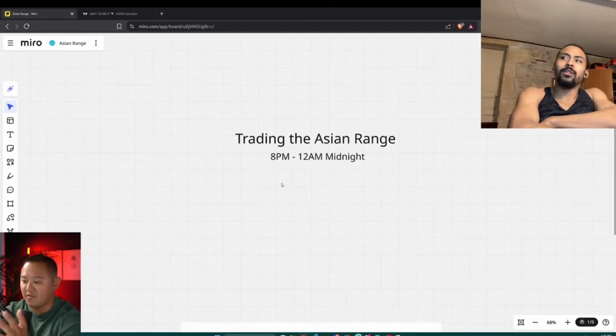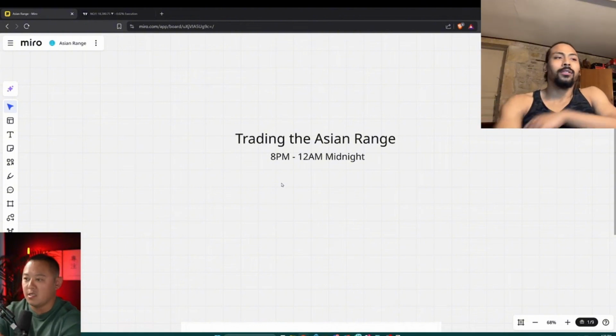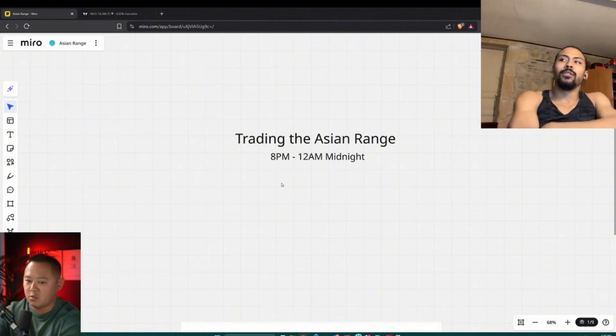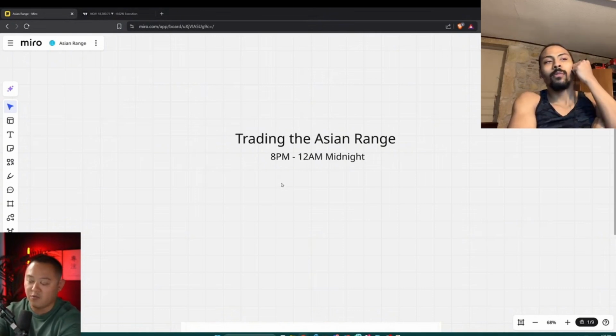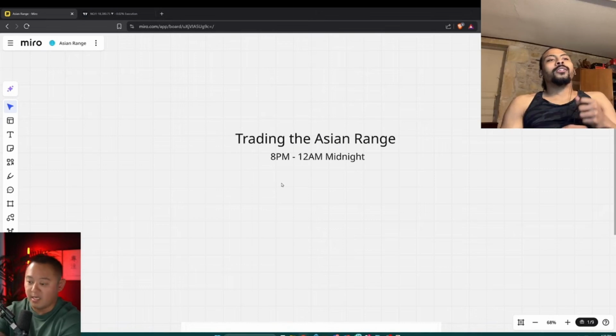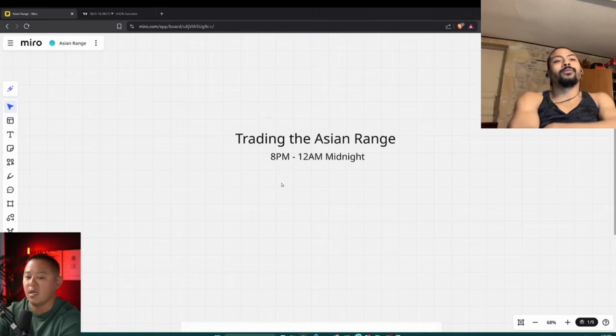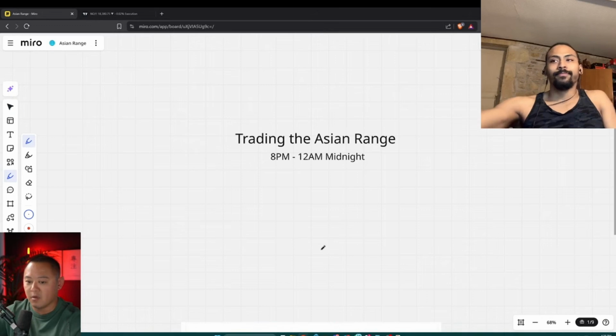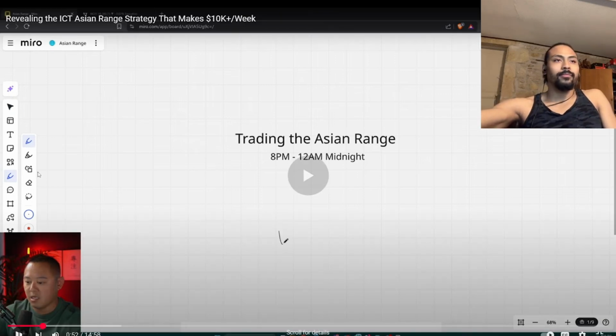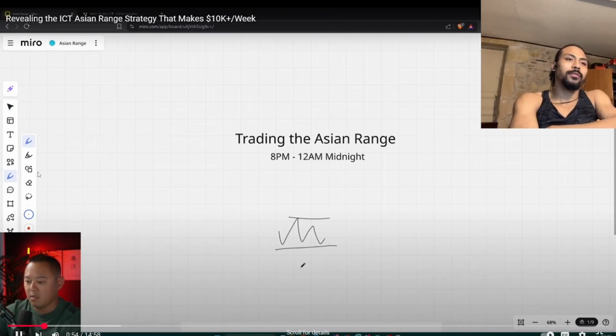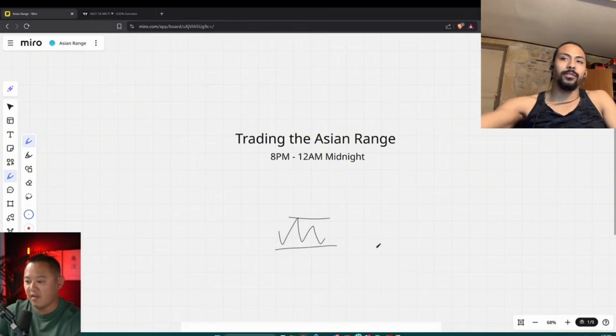Now, this 4-hour window, basically what it tells us is that trading is typically held in a consolidation, and above the Asian range we have buy stops, and below the Asian range we have sell stops. So it's creating a range for us in a consolidation, typically where liquidity is being built up on both sides of that range.